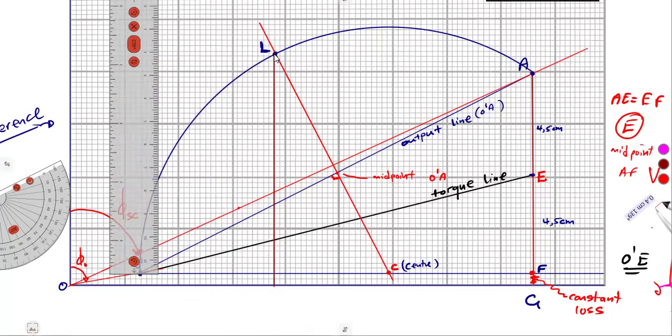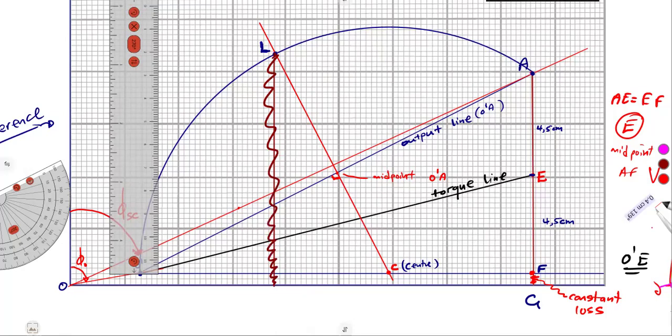This is what they say. This is what it means. From the given point L to the ground, this horizontal axis, that line is called LK.